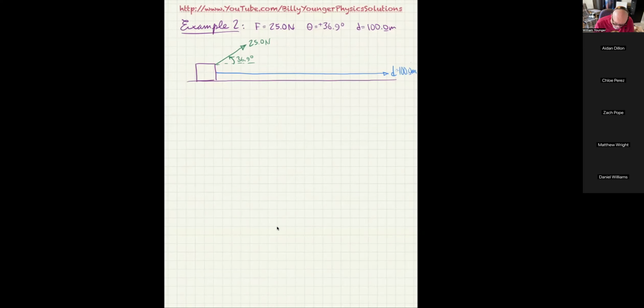But we're going to go ahead and use that because what they're asking in this one is what is the work done by the pulling force? So the work done by the pulling force, I'll call it W_FP, is going to be equal to F dot d.